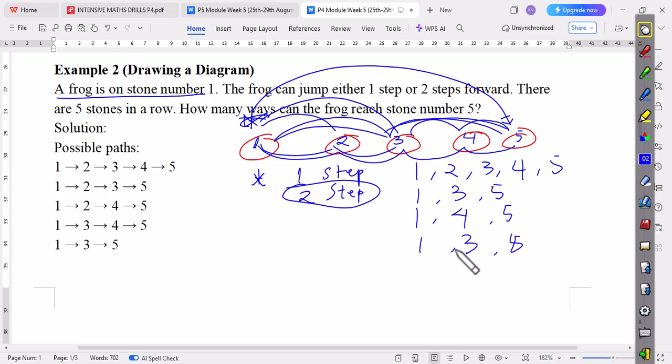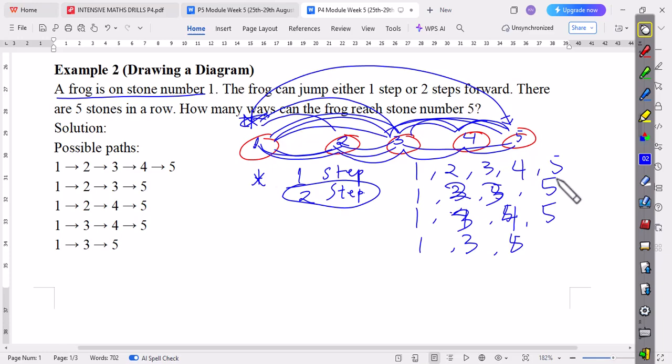We have that already. Next, one, two, three, and directly to five.